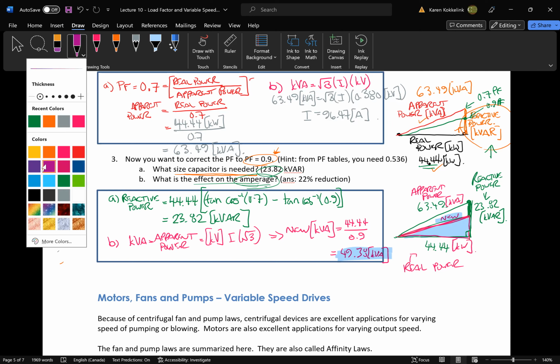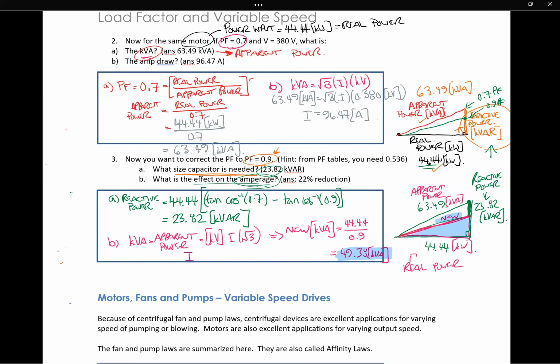If I want to solve for current here and I sub in apparent power, remember from before that this is running at a voltage of 380 volts.